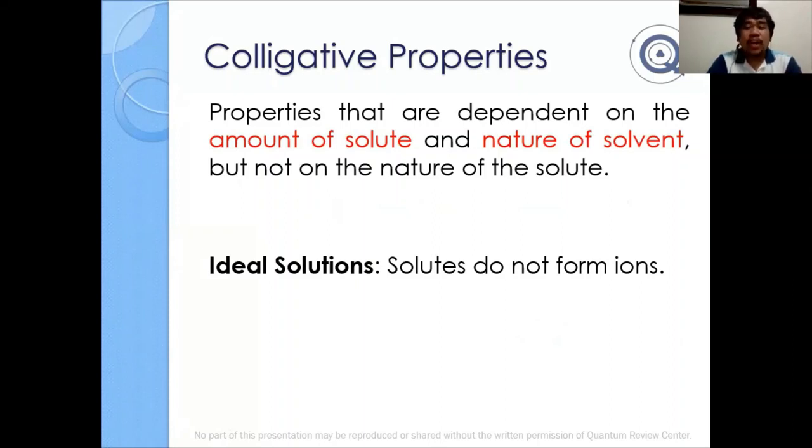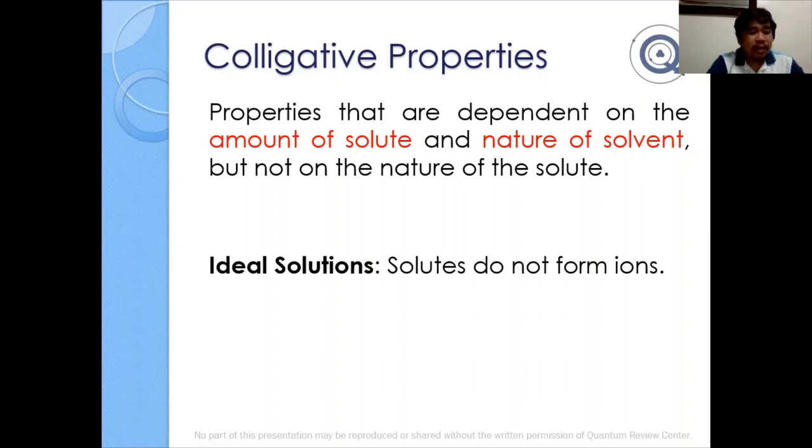Okay, so one of the heightened interactions that is evident sa mga chemicals or sa mga species natin ay yung ion-dipole interaction. In short, sa colligative properties, ideal solutions, the solute does not form ions.